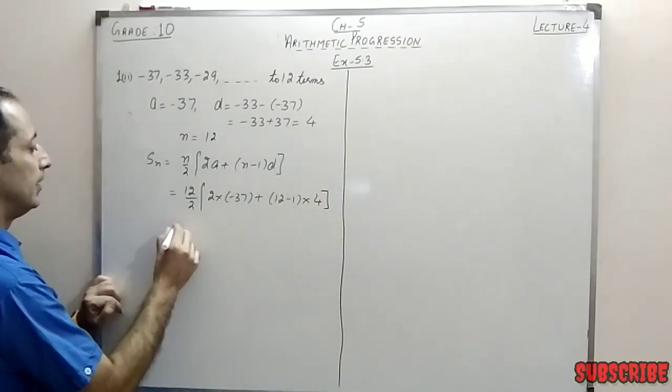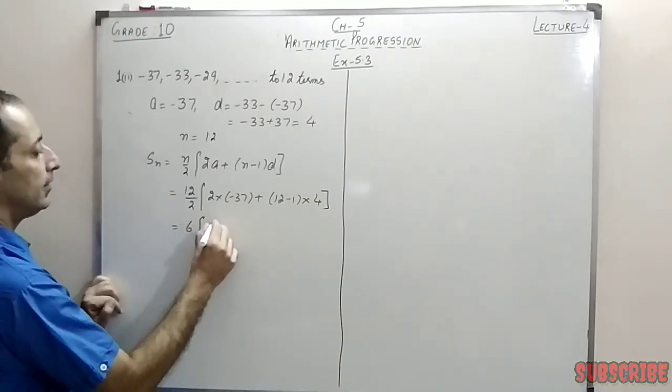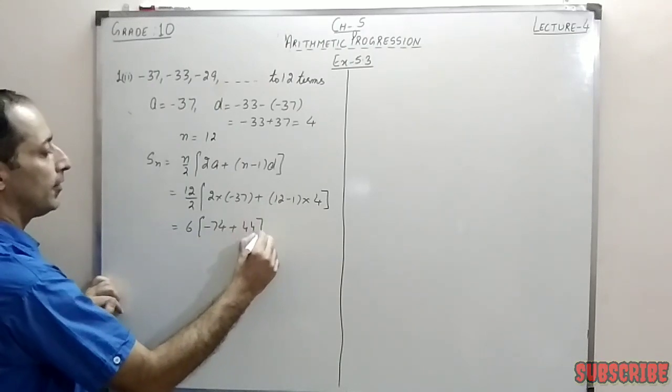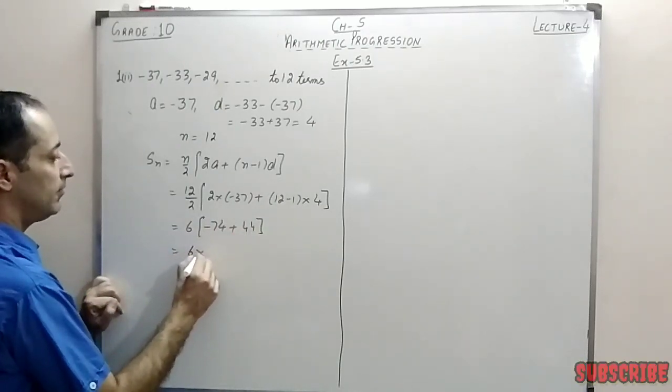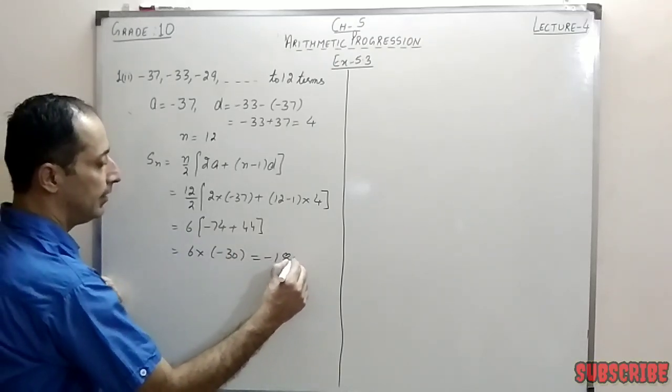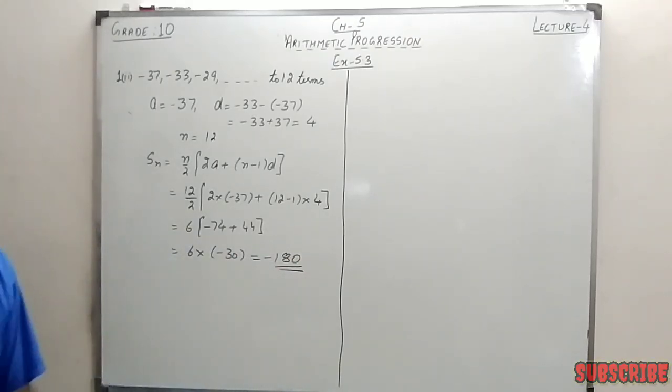So this becomes 6 times minus 74 plus this is 11 into 4, which becomes 44. So this becomes 6 times minus 30. So this is the answer as minus 180, right?